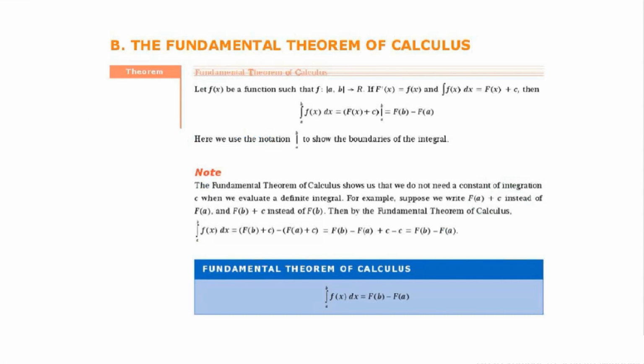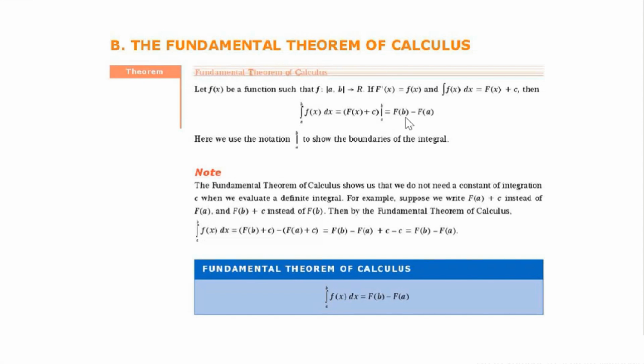So next we have here the fundamental theorem of calculus. Let f of x be a function such that the integral over the interval AB will yield a real number. If the F prime of x is equal to f of x and the integral of f of x dx is equal to F of x plus c, then we have the formula: the integral of f of x dx between a and b is equal to the antiderivative plus a constant, then evaluated from a to b.